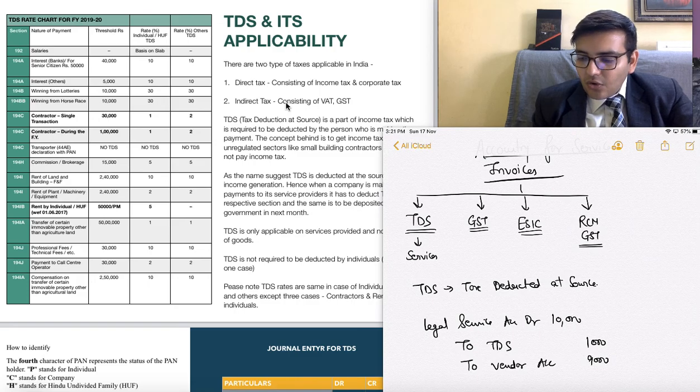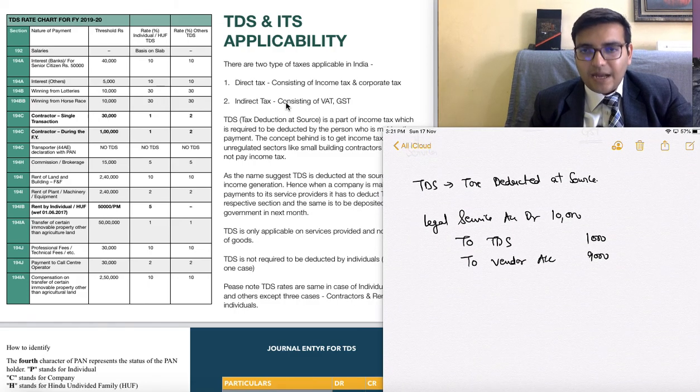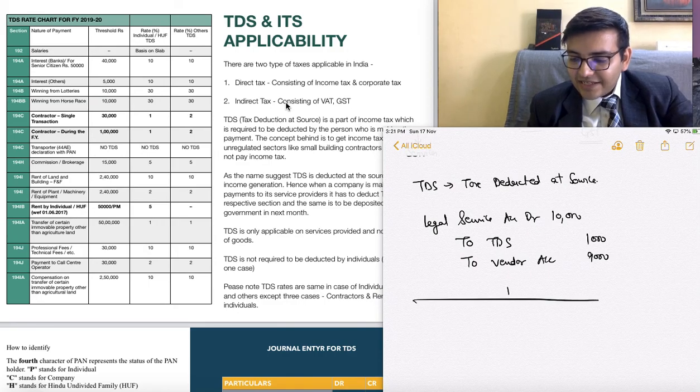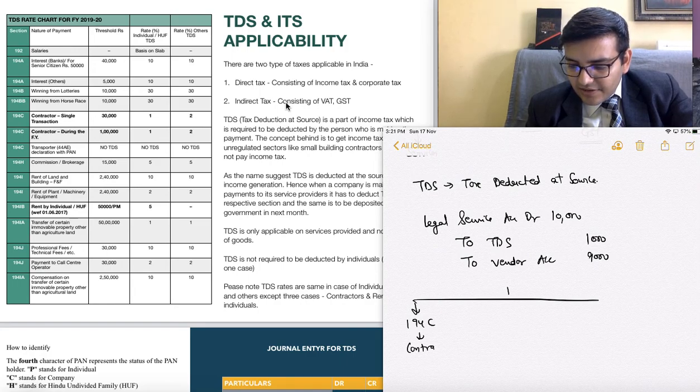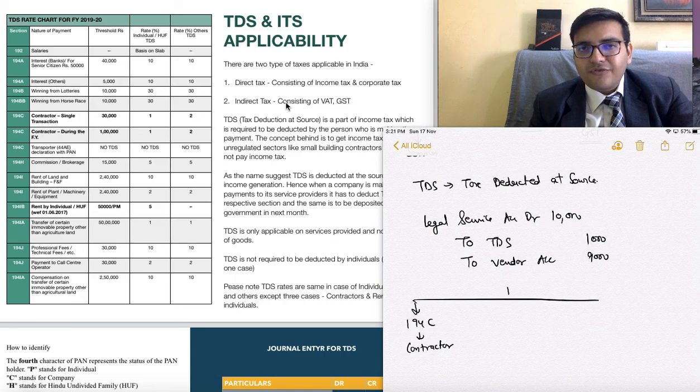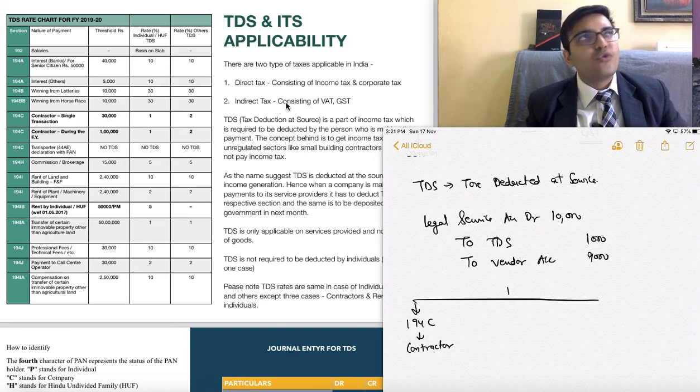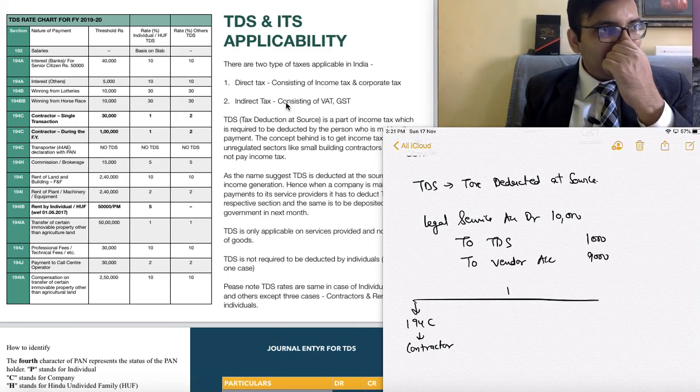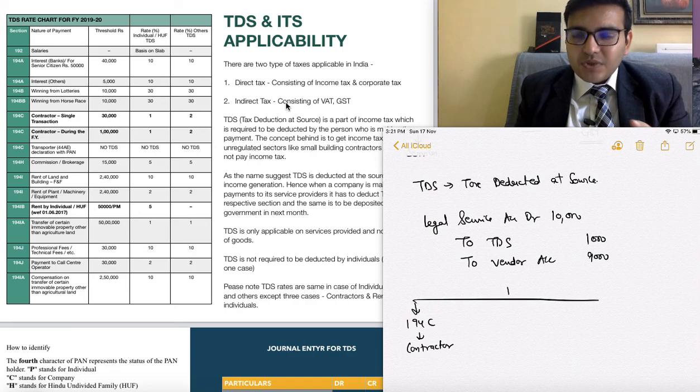Got it? Now, in what cases is TDS applicable? Just the key things I will tell you. Number one, 194C, contractors. Whenever you have given a contract for repair and maintenance, for furniture and fixtures, for flooring, for roofing, for a building, anything on a contract.